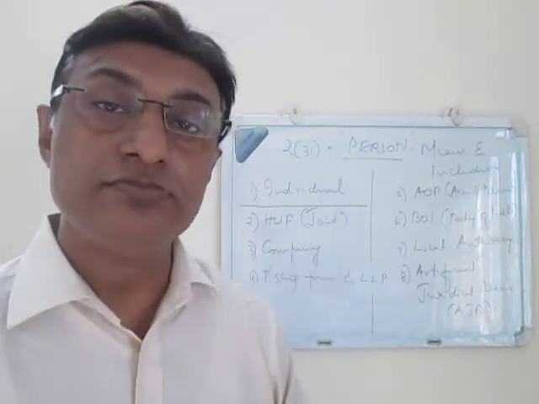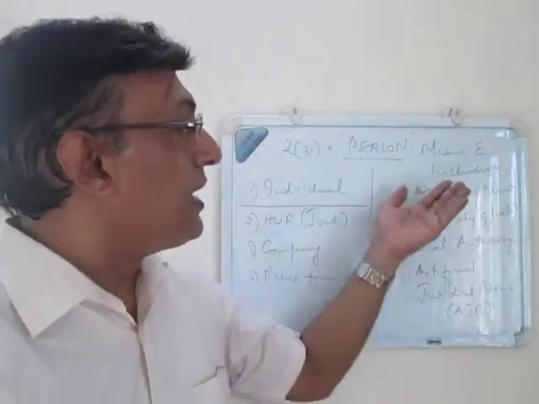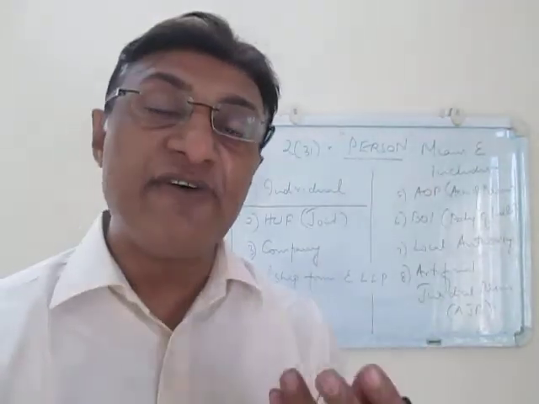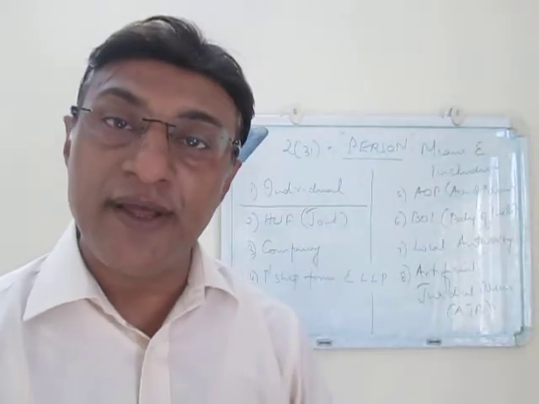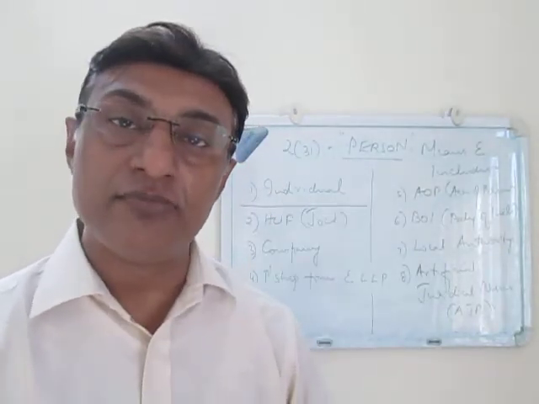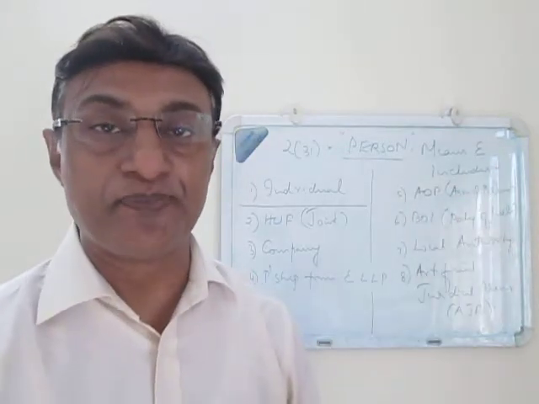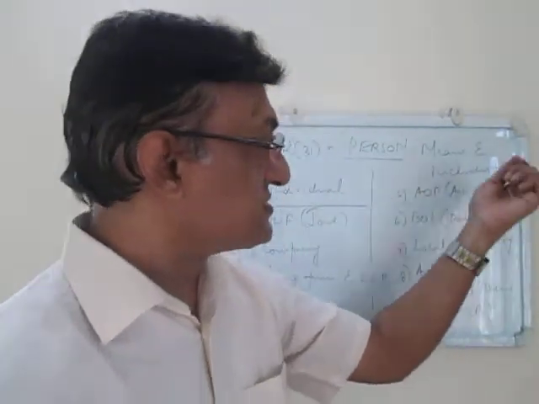Partnership firm, company which is further divided, as I said, association of persons, a group of, for example, if I have a partnership firm with one individual, one company, one partnership firm, one HUF, that would become an association of persons. That is why it is called an association of persons.